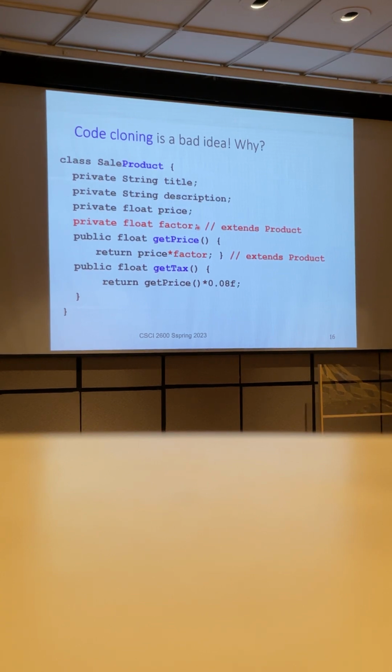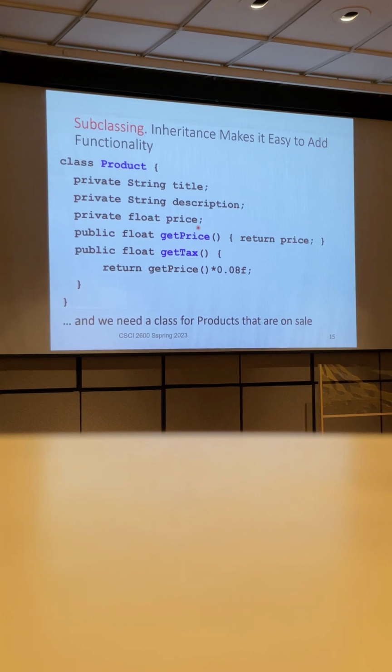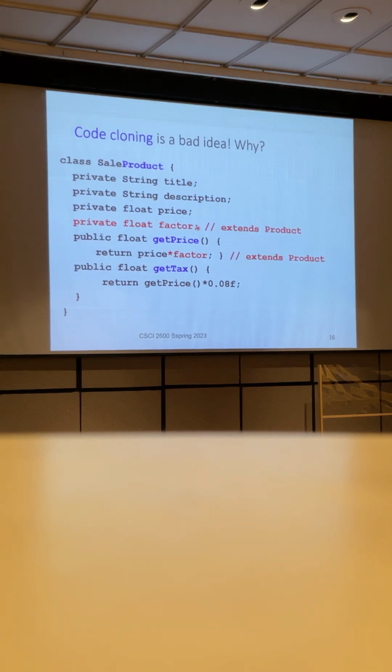Why? Well, because imagine we had a product object with price 10, and get price was returning 10. If we substitute it with a sale product with the same price, 10, and we call the same method get price, it's not going to return 10 because of this factor.